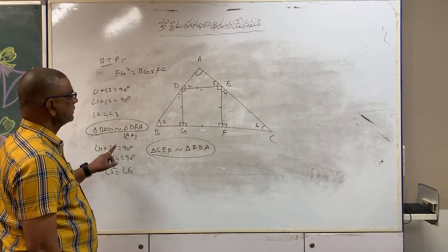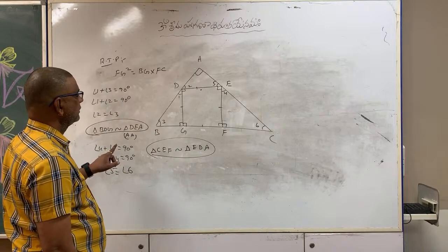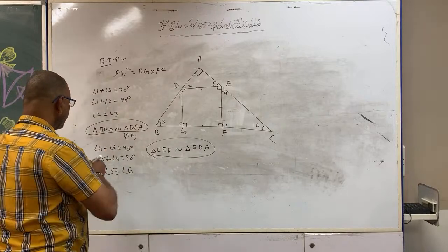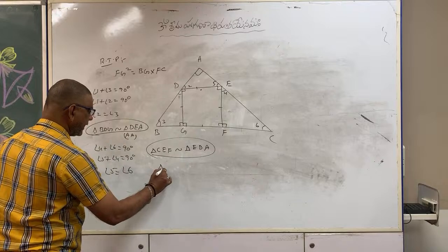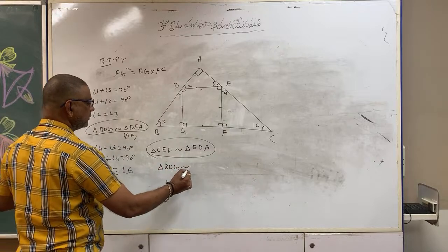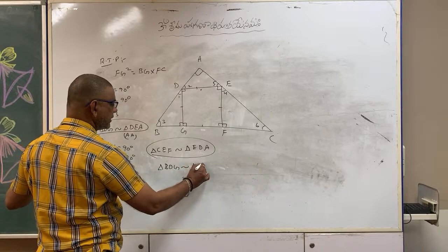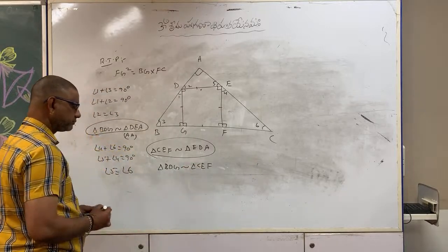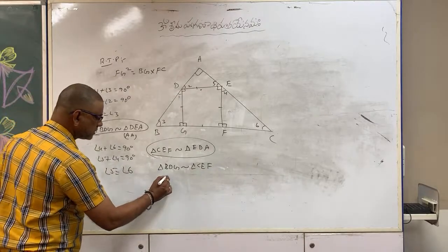BD. Okay. Now, from these two, what can we write? Triangle BDG is similar to triangle CEF. Now write the ratios.